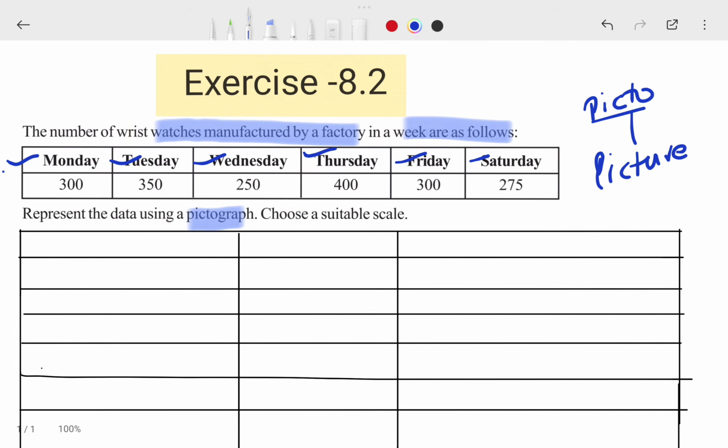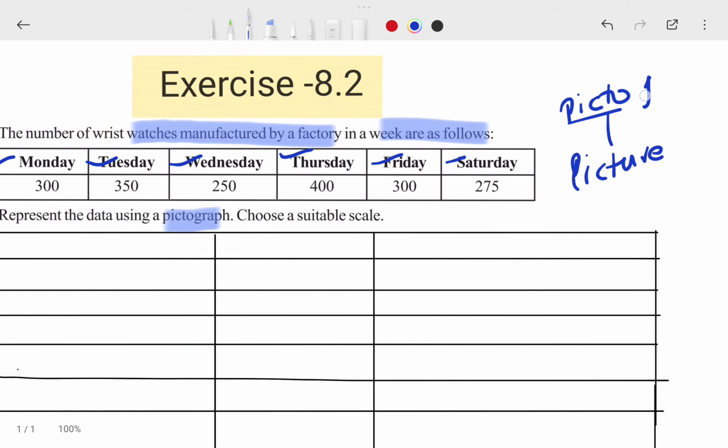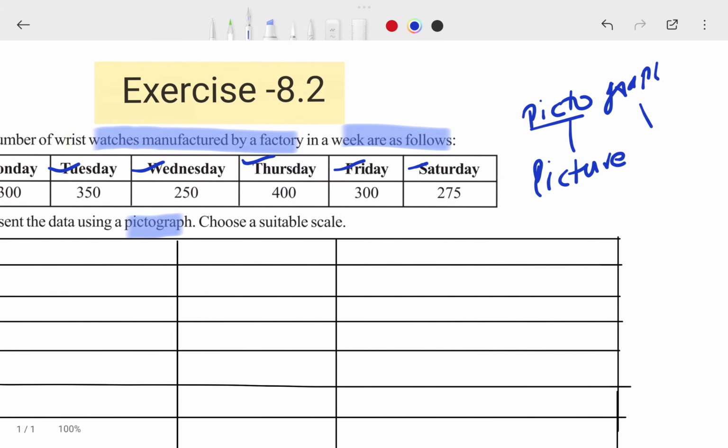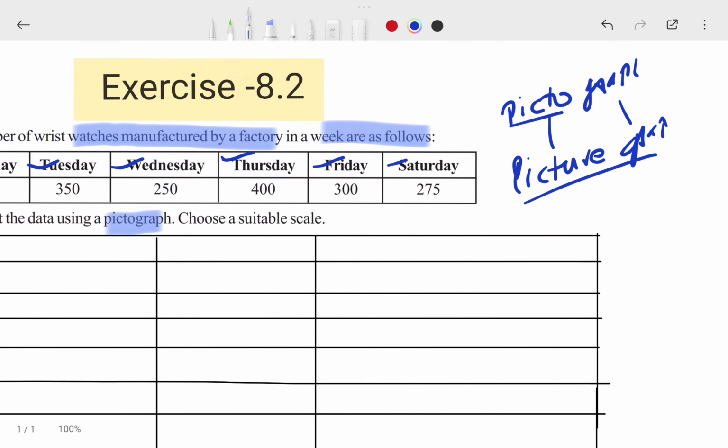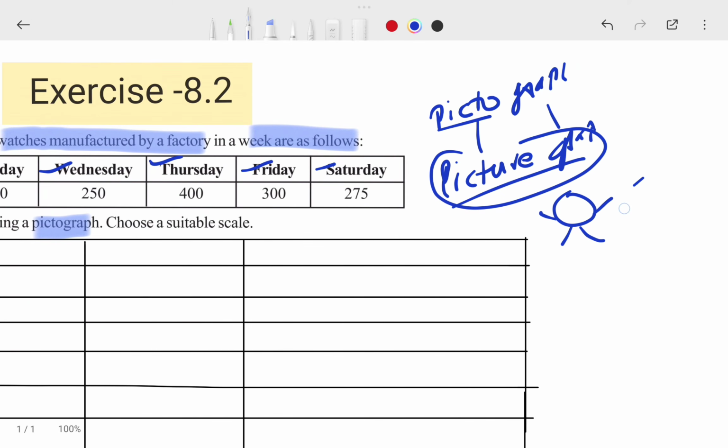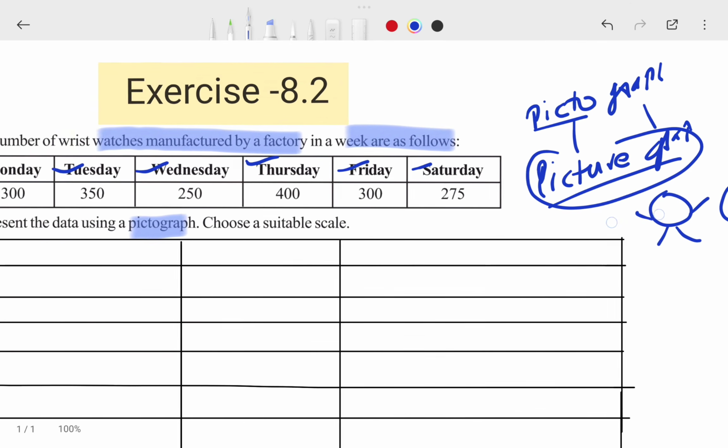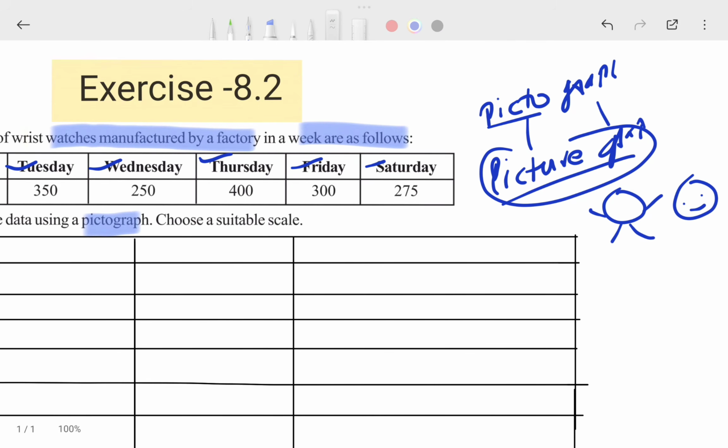Picto means picture, and graph means graph, so pictograph means a simple picture graph. We have to represent data using pictures, like a boy picture or any smiley picture. Pictograph means picture only. Remember these things.